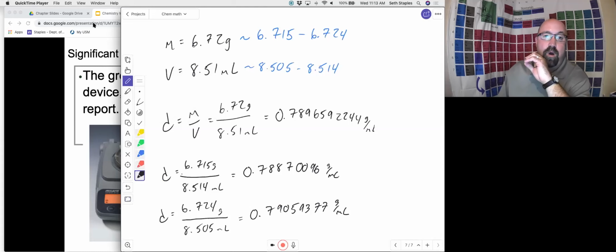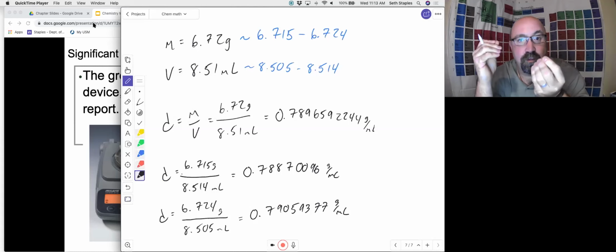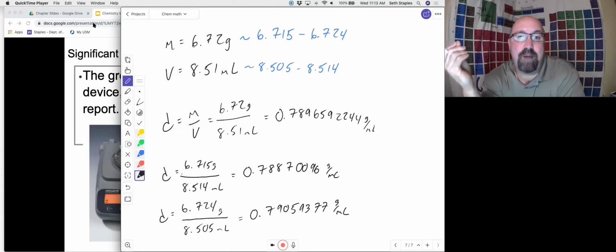And so based upon our measurements of 6.72 grams and 8.51 milliliters, and knowing that those numbers actually represent a range, but those are the closest that we could get due to the accuracy of the measuring devices that we were working with, that means that the real density of this object is somewhere between 0.788700096 and 0.7905937.